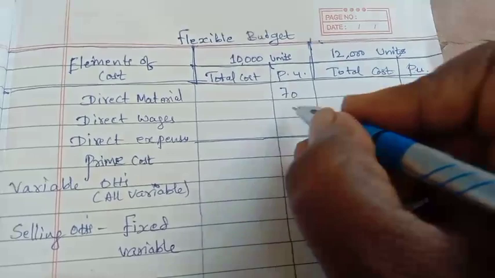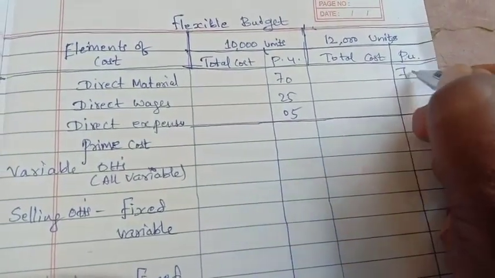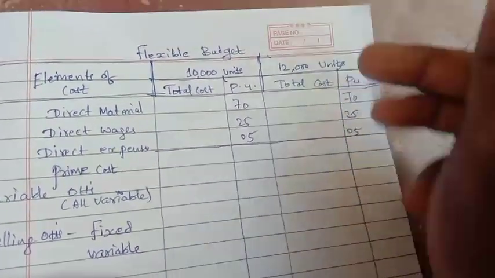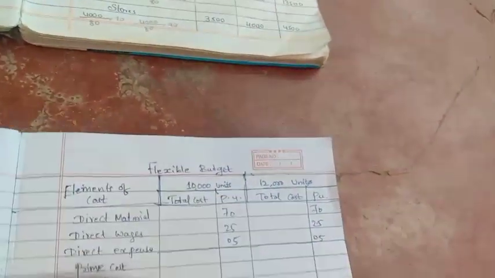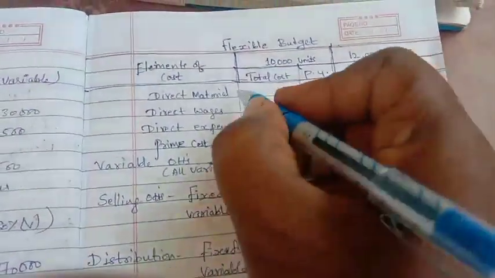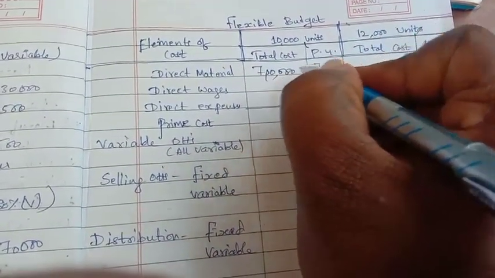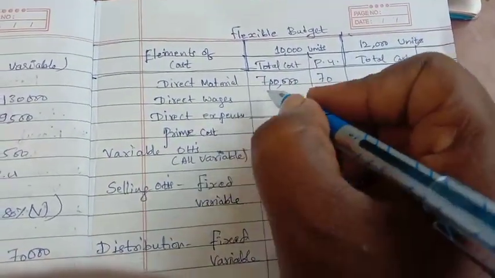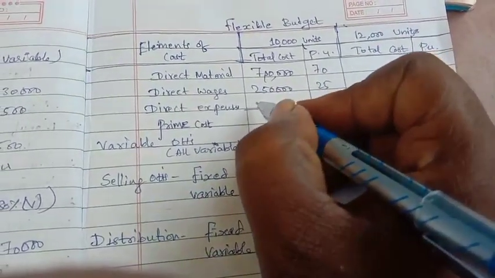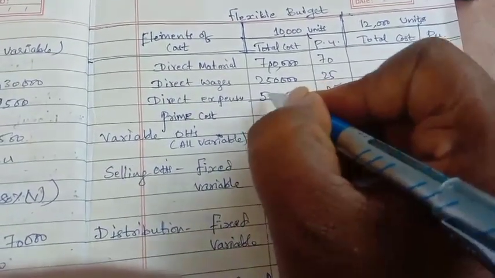So 70, 25, 5. If you multiply, you will get 10,000 into 70, 7 lakh, 25 into 10,000, 2 lakh 50,000, 5 into 10,000, 50,000.